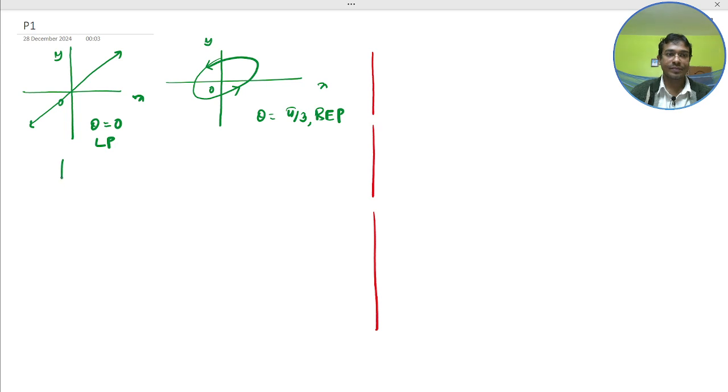Next one. So theta is equal to pi by 2, right-handed circular polarized.